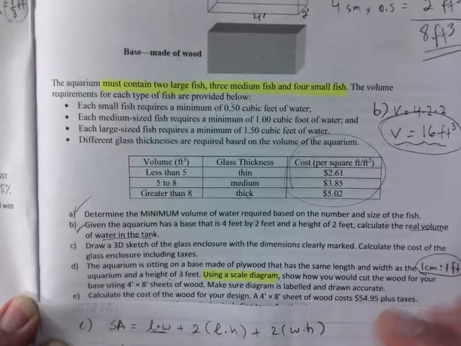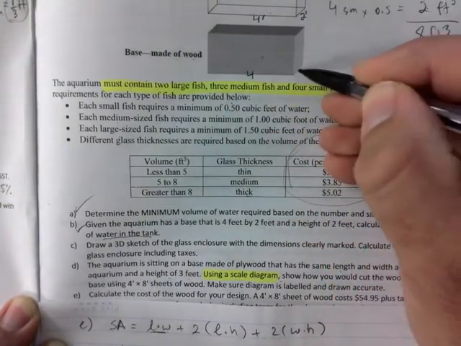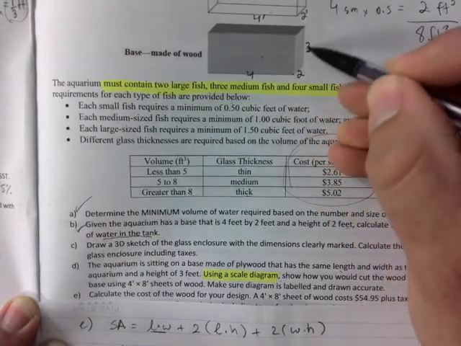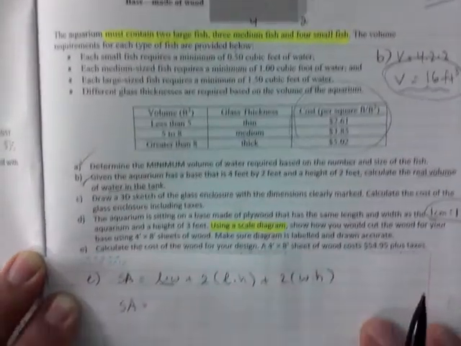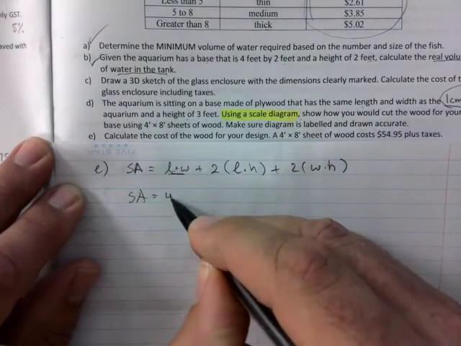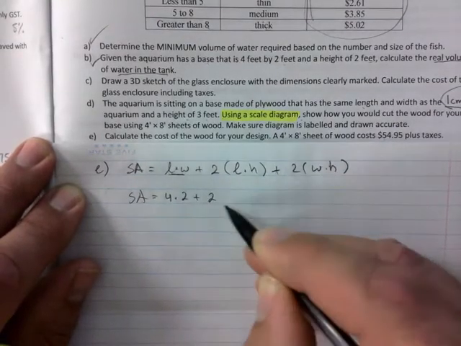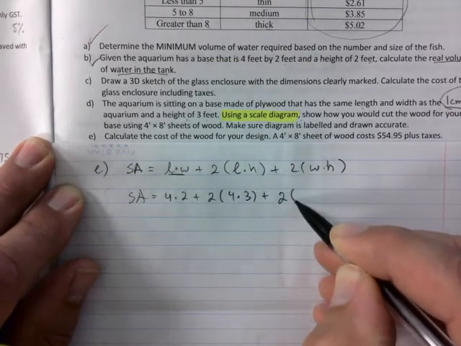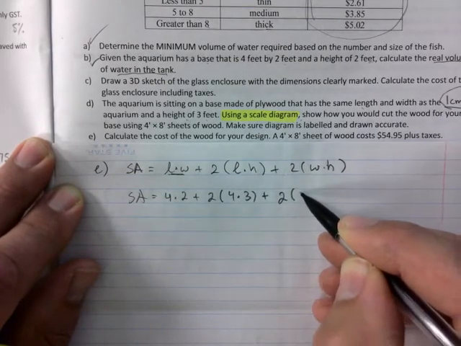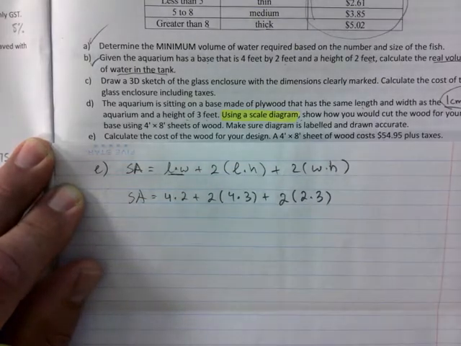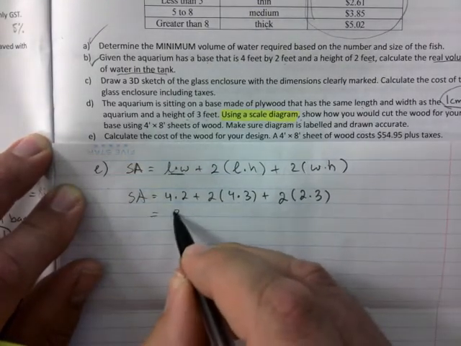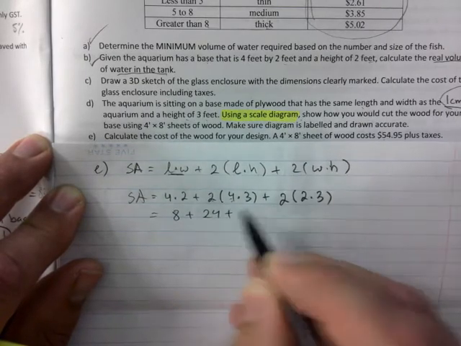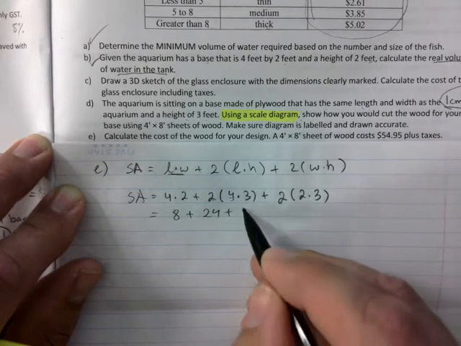So then it's going to be, and I'm going to use this to help me out. I'm going to go back up here and I will do the same thing. 4, 2, and 3, right? So this is going to help me with the dimensions. So 4 times 2 plus 2 times 4 times 3 plus 2 times 2 times 3. 4 times 3 is 12, times 2 is 24, 2 times 2 is 4, times 3 is 12.